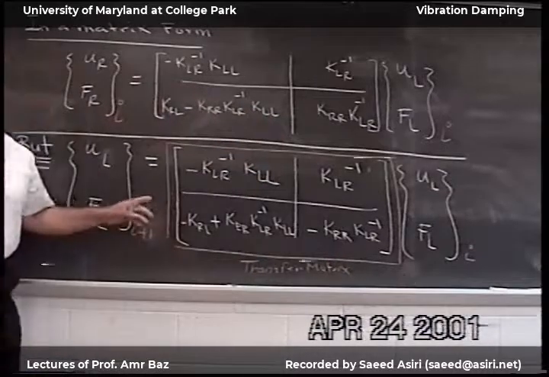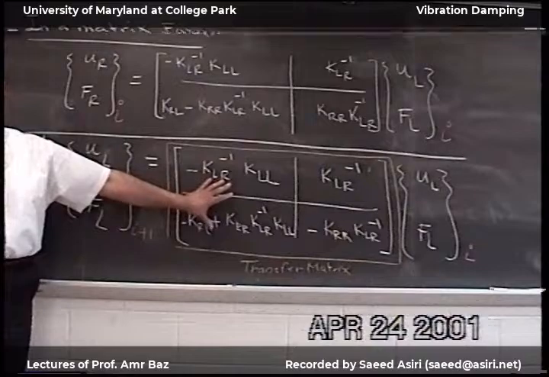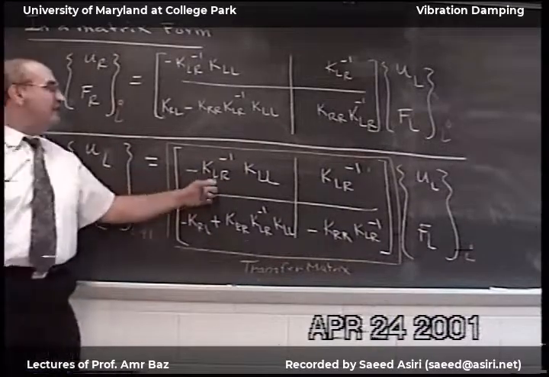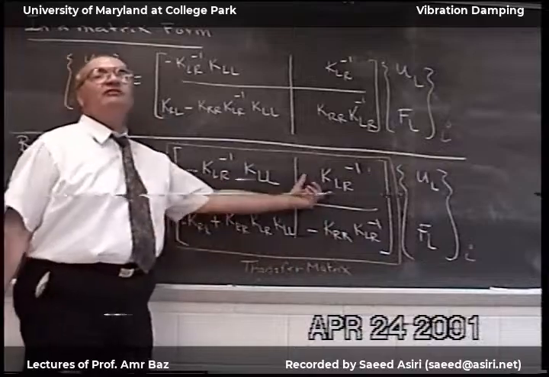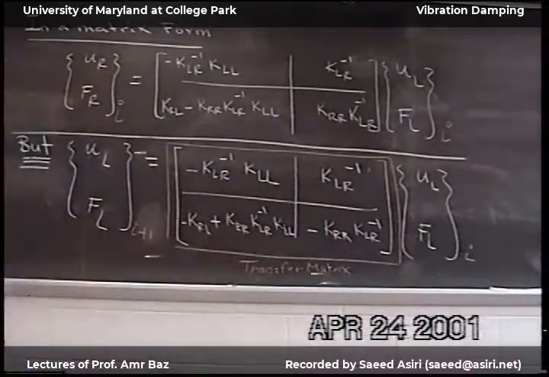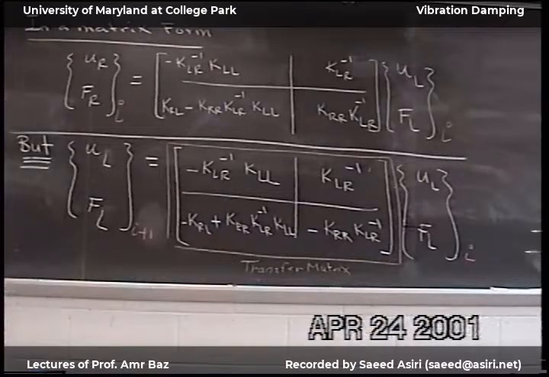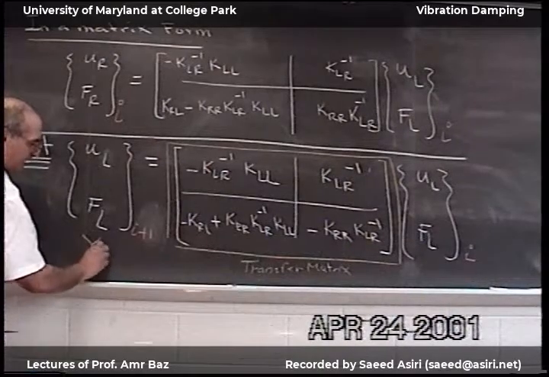This matrix, I wrote it down for the rod. It will be exactly the same for the beam. But these, instead of 1 by 1, will be 2 by 2 matrices. So I'll have 4 by 4 matrices. Okay? Now, this vector is called the state vector. Y at I plus 1.